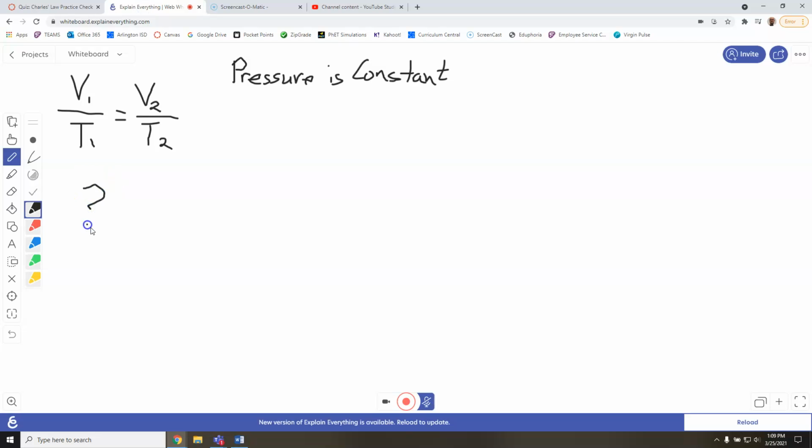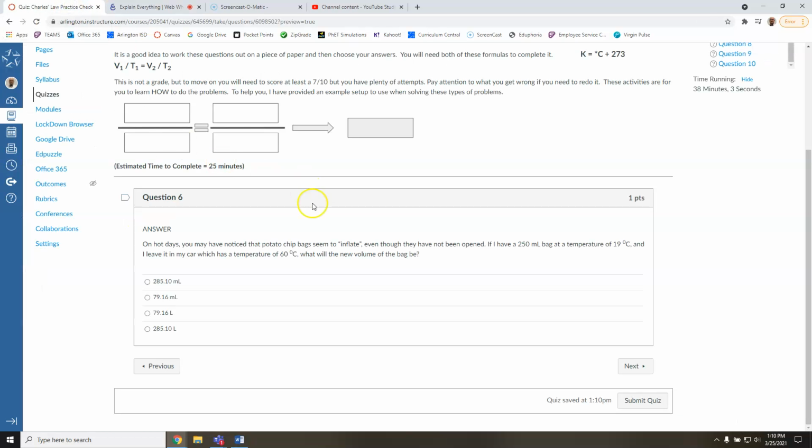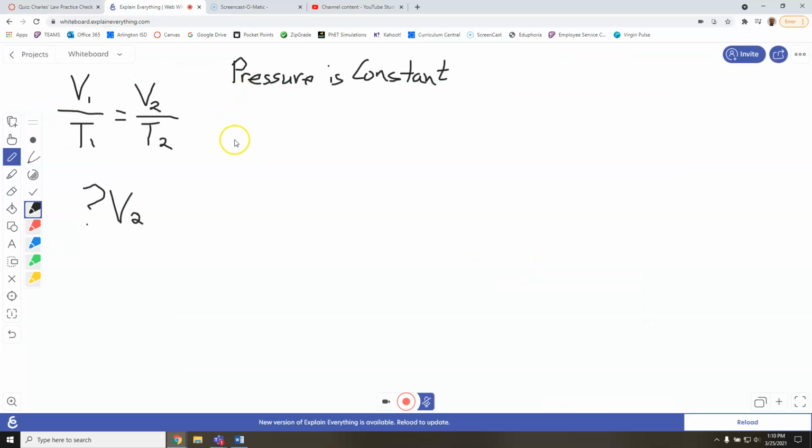So question mark V2. All right, our initial volume is 250 milliliters. Now, when it comes to units for volume, just solve it for whatever unit it gives you. So in this case, we're going to leave it at milliliters.